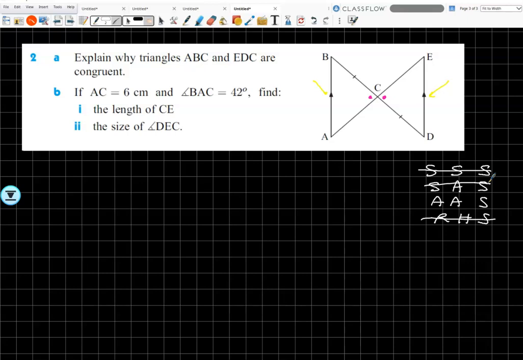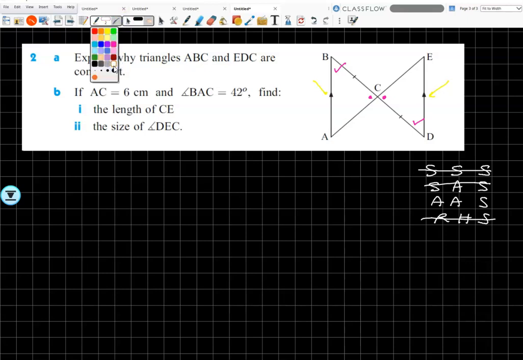It has to come down to AAS, and that is because we've got parallel lines here, and that means this angle is the same as that one. Okay, check. Is the length that I have opposite the blank, correct? So these guys are congruent because of AAS.